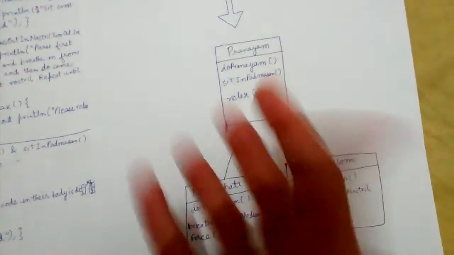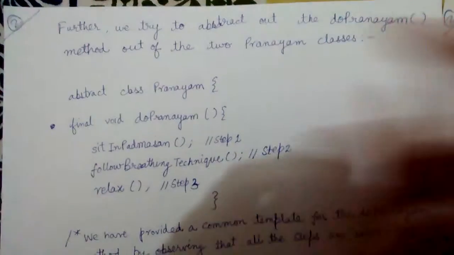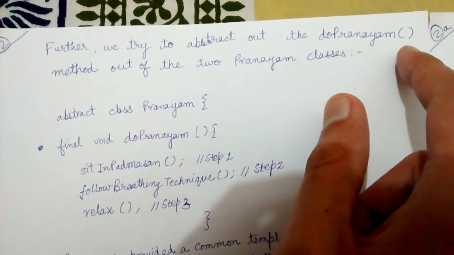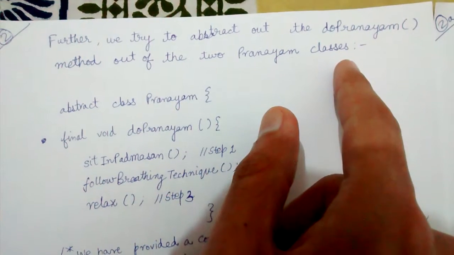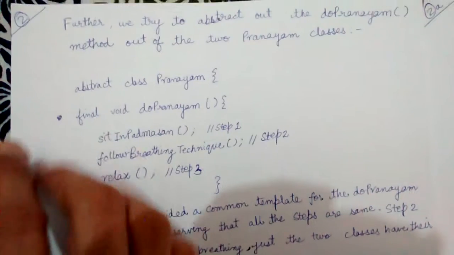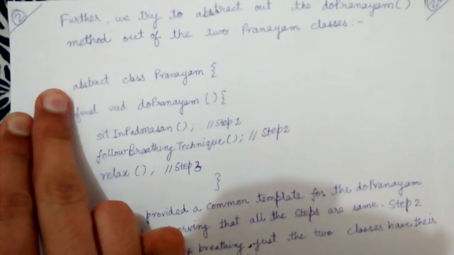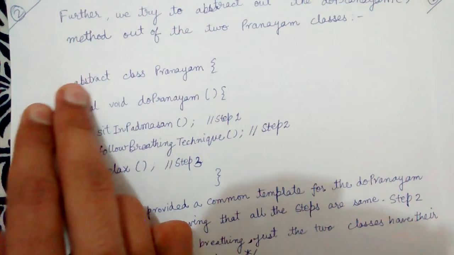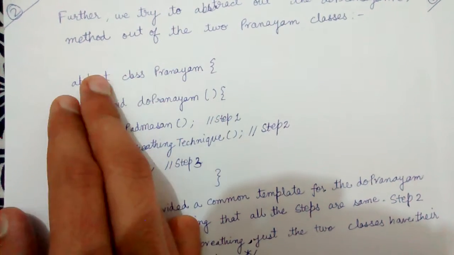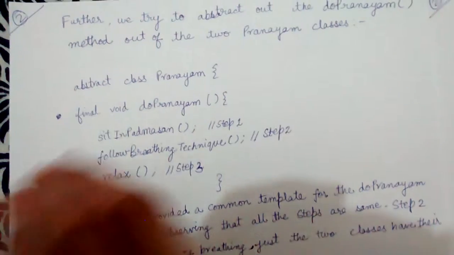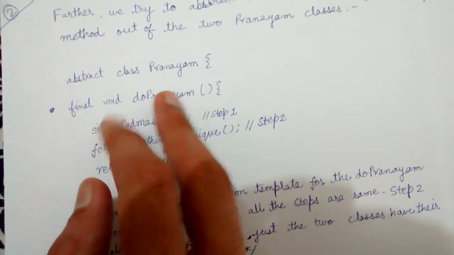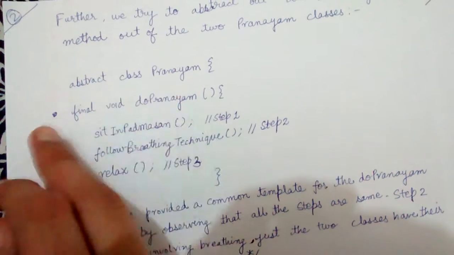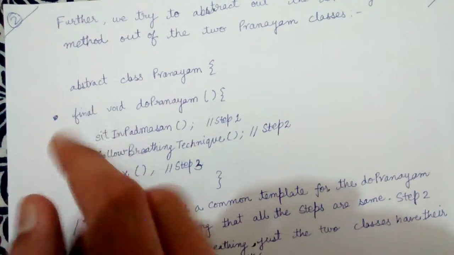Let's look at how we can improve it further. So further we try to abstract out the do pranayam method out of the two pranayam classes. That is, we keep this pranayam class still abstract, but we define the do pranayam method here. So you can notice the do pranayam method is not an abstract method anymore.